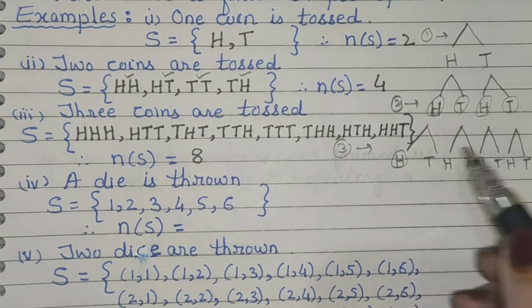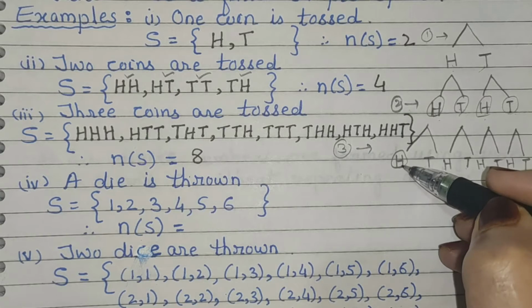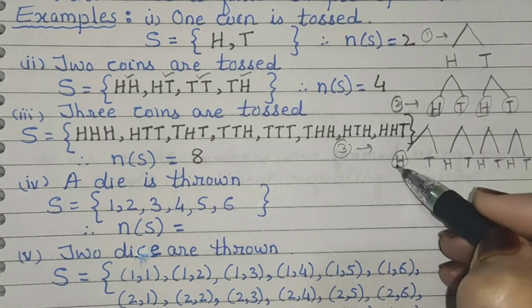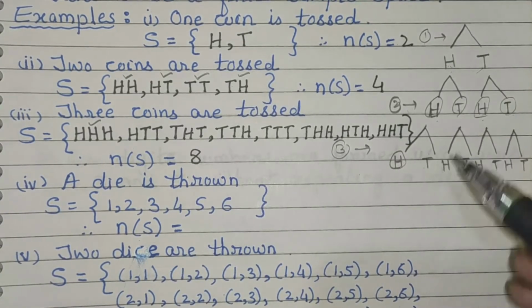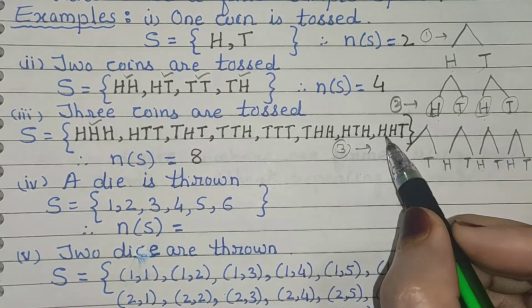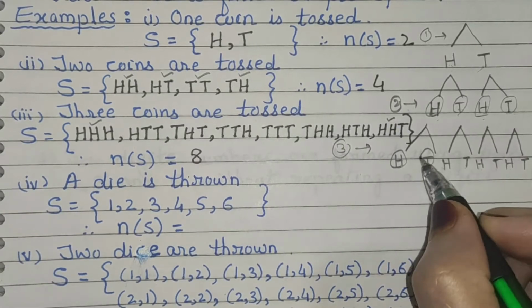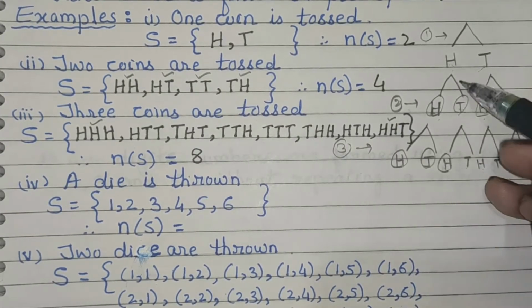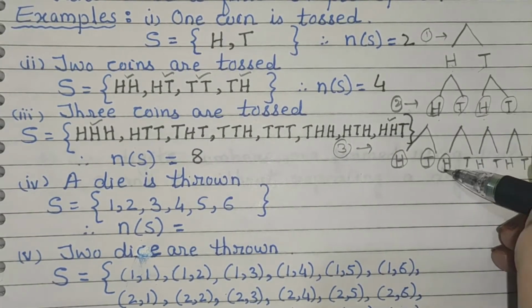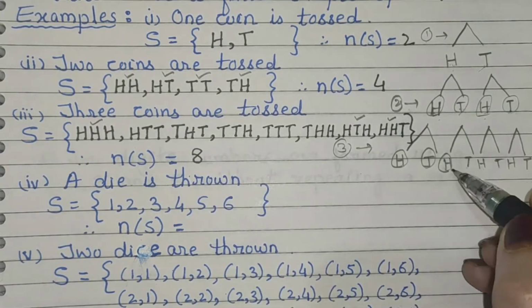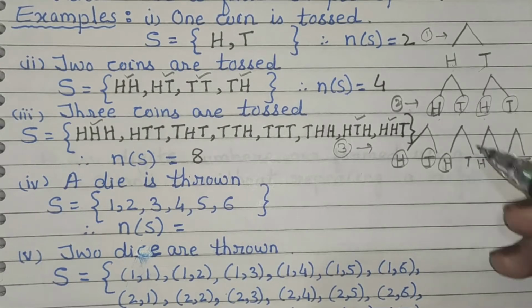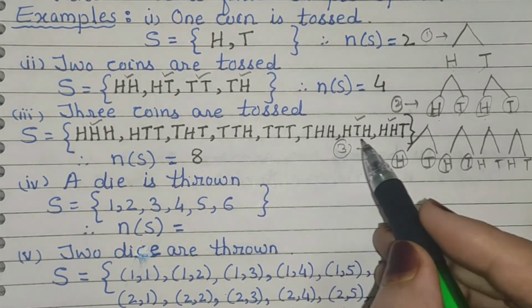Now the first one is HHH. Then HHT. The next one is HTH. Then HTT.